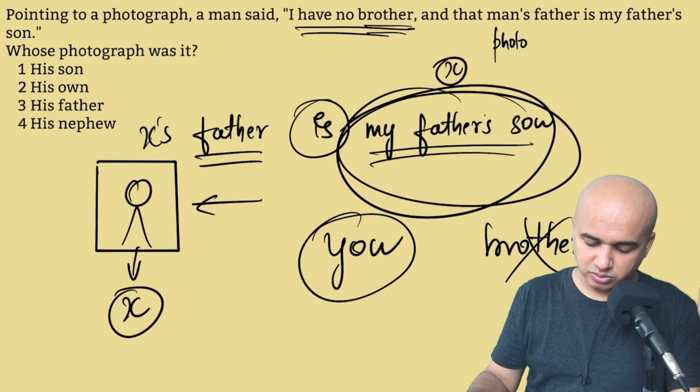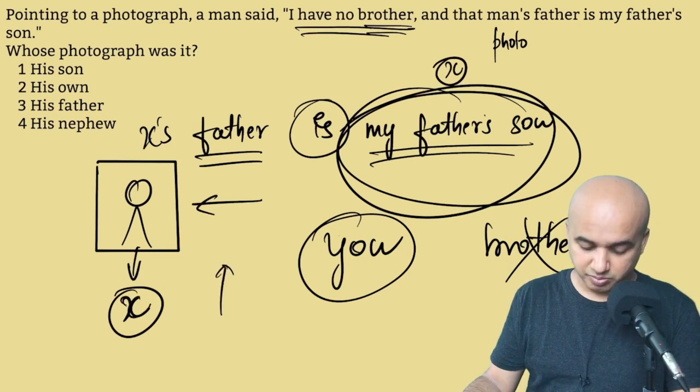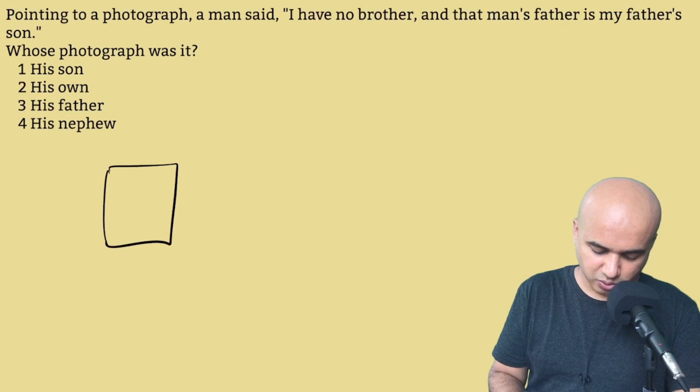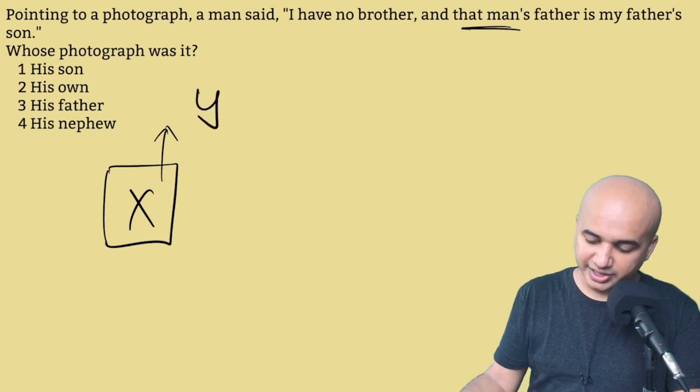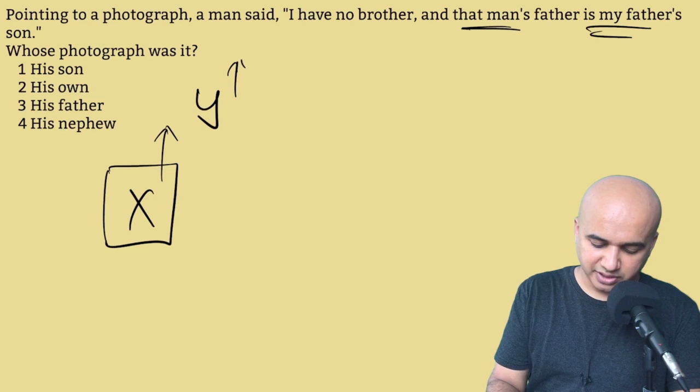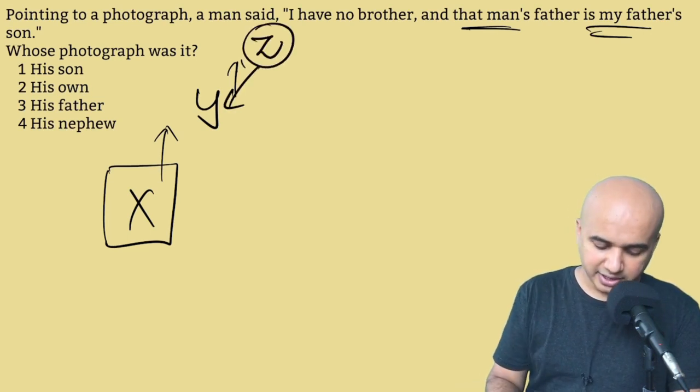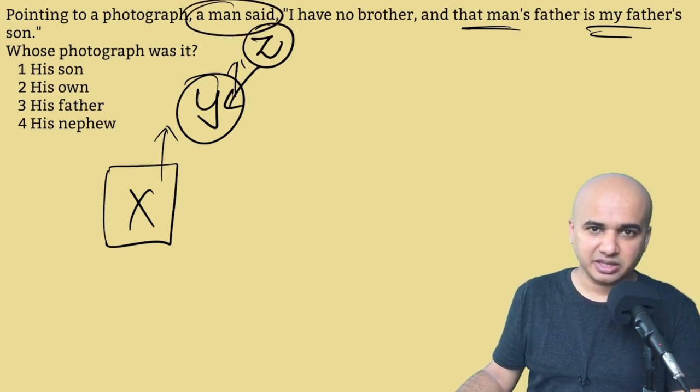So now, what is he saying? I have no brother and that man's father is my father's son. Meaning this X, who is in this photograph, that man's father, X's father, let's call him Y, is my father's son. So let Y's father be Z and Z's son is only Y. And this Y is none other than the person who is actually making the statement.